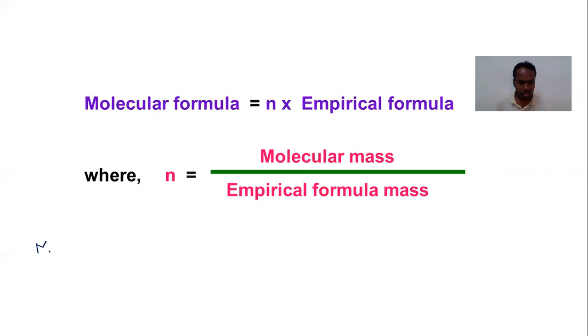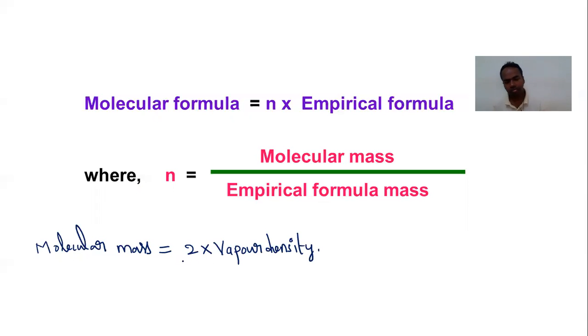Molecular mass is equal to 2 into vapor density. How did this relation come? I want to give a small explanation here.